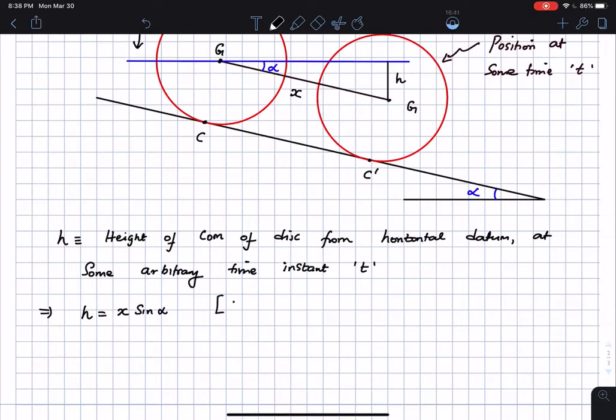Note here that alpha is a constant angle, the incline angle.